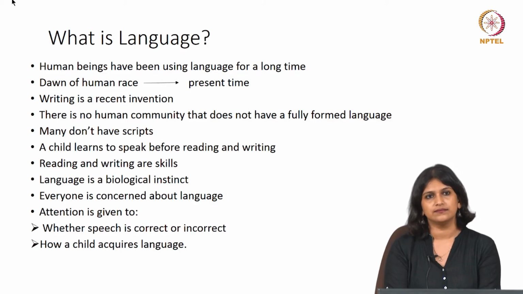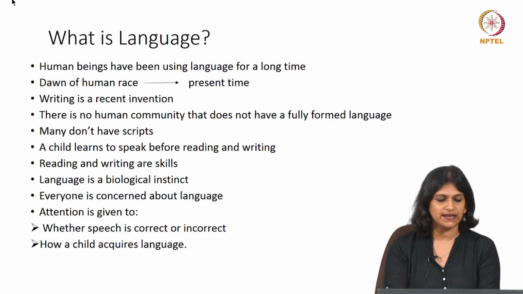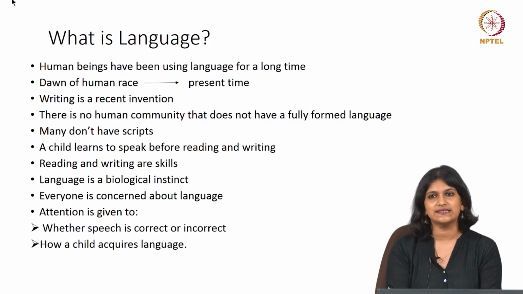Researchers like Steven Pinker would say language is a biological instinct. So what do you understand by biological instinct? That means that for a human child, like the other instinctive things you have, such as hunger and thirst, language is also a need, language is also an instinct. The best example I can give: can you ever stop a human child from acquiring a language?